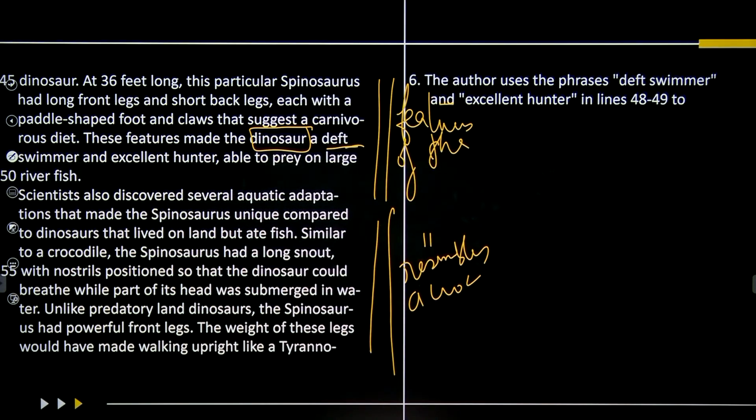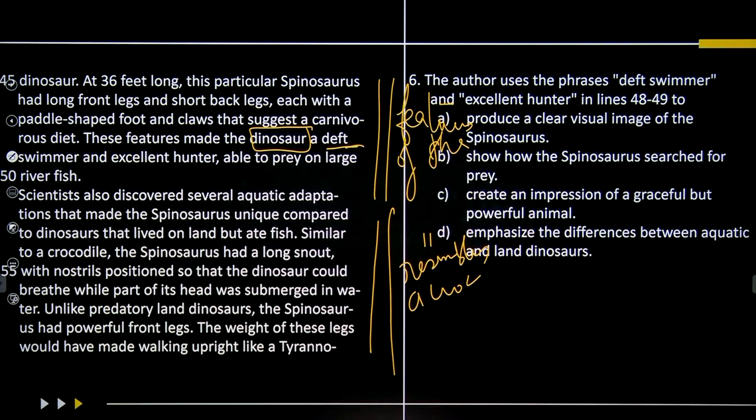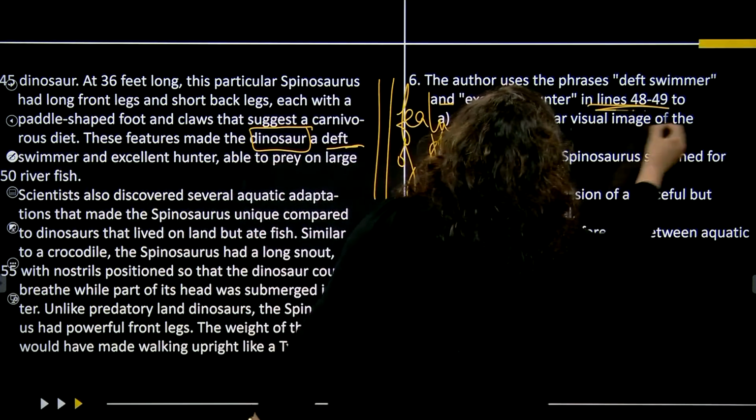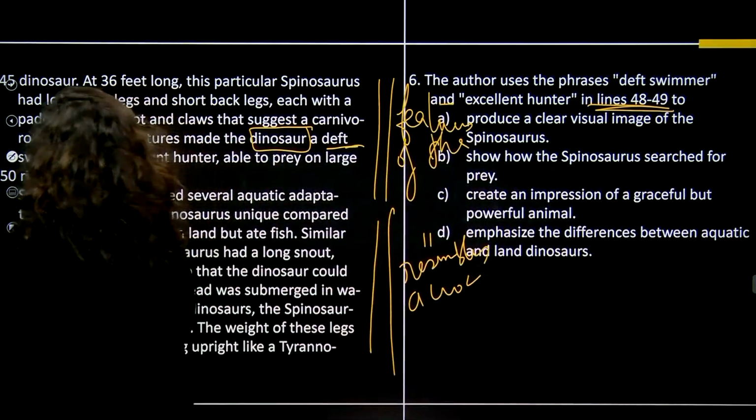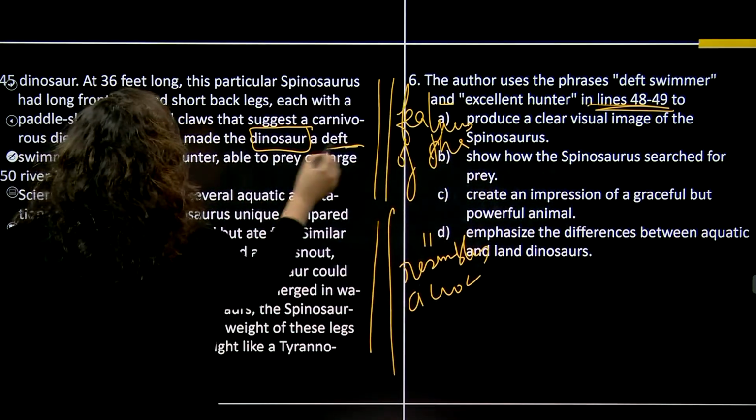The author uses the phrases "deft swimmer" and "excellent hunter" in lines 48 and 49 to... Now, this is also a very clear question, where you just have to go to line numbers 48 and 49. See here, you have line numbers 48 to 49. So you would search and see this line number.